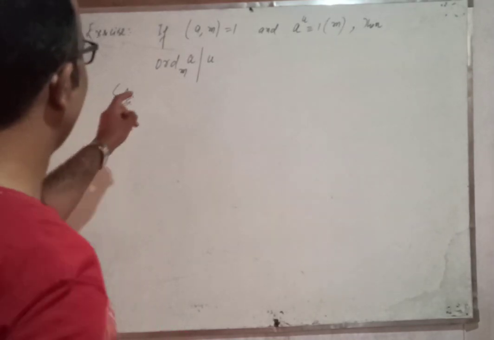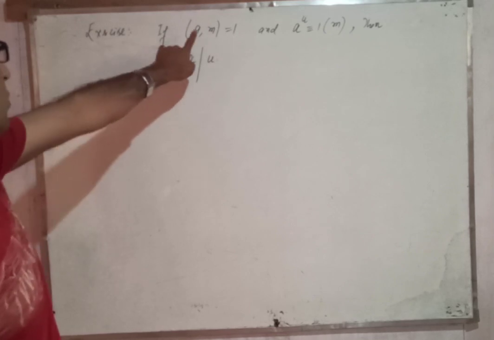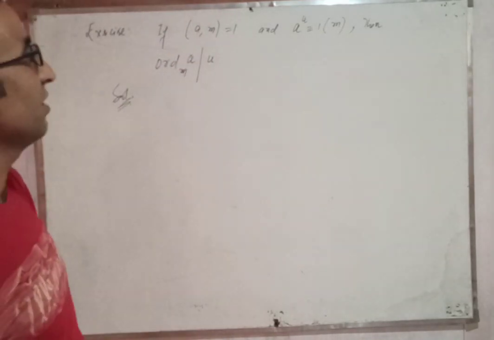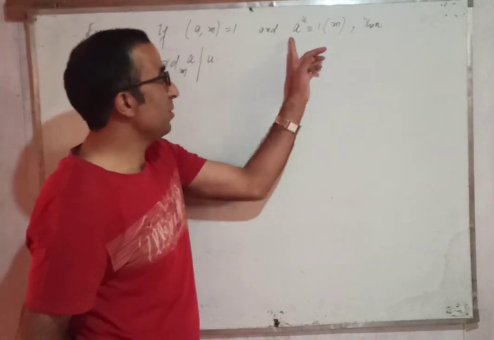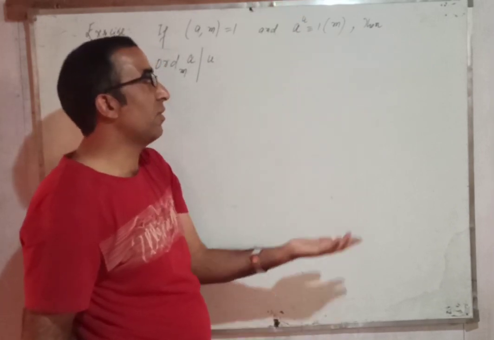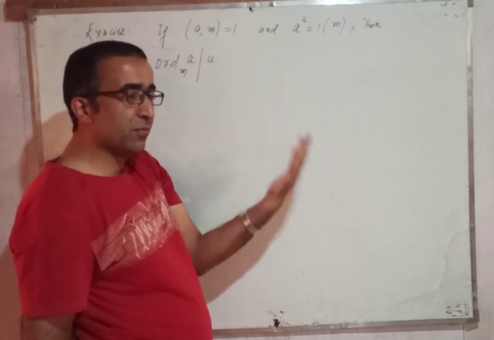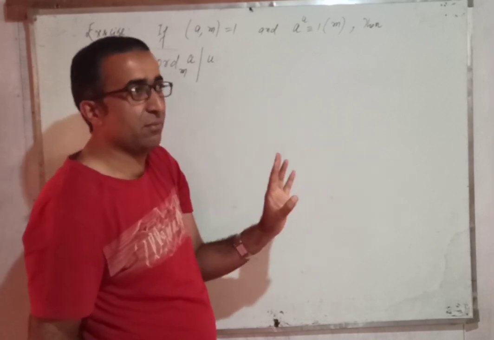Now we will do this simple exercise. If you have two integers a and m such that GCD of a and m is 1, and you have a power u congruent to 1 mod m. Suppose you have some integer u, and you don't know whether it is smaller or bigger than phi of m.